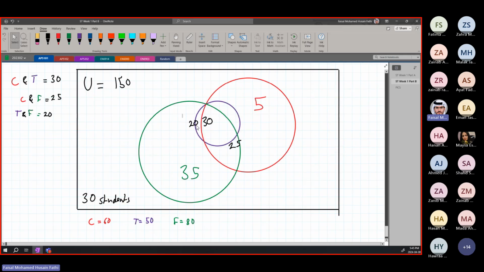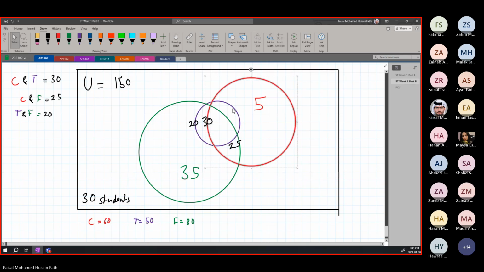And the 20 is only between the purple. Make this a bit smaller. Bring this a bit more to the middle. The purple, which is the tennis, is only going to be between both the red and the green. It's not going to be outside because there are no people that actually like tennis by itself in this case. So the 30 is being shared with the red and the 20 is being shared with the 35 that are here.